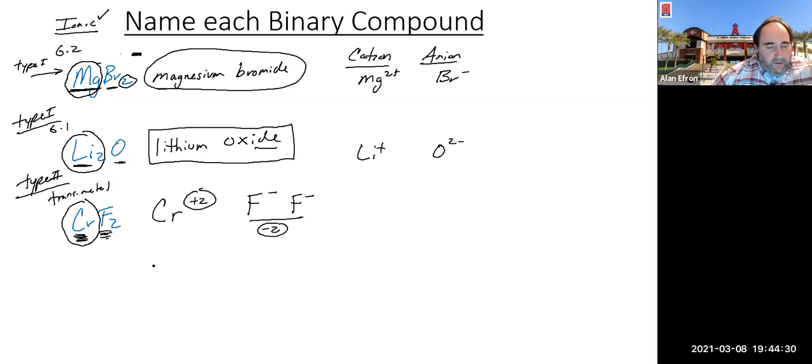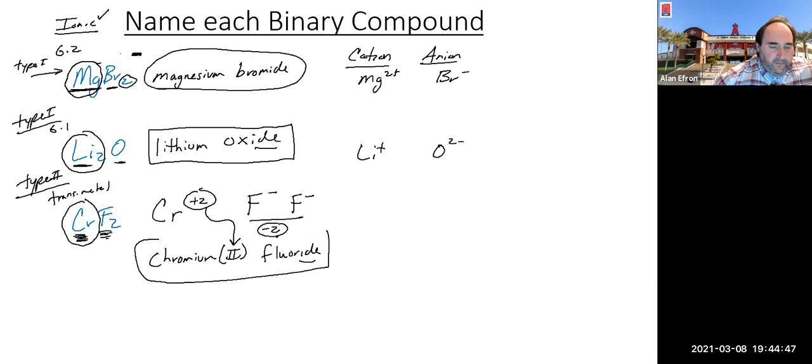And that means that we would have chromium Roman numeral 2, again, because of the charge. And even though we do have multiple F minuses, it would just be fluoride in this case. So chromium, Roman numeral 2 fluoride, chromium with a +2 would be our cation, and our anion would be F minus.